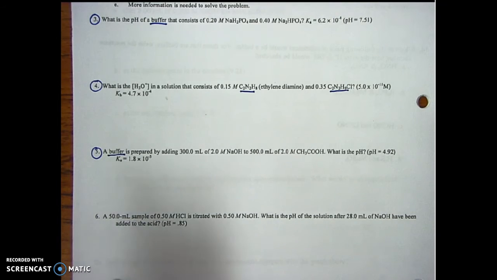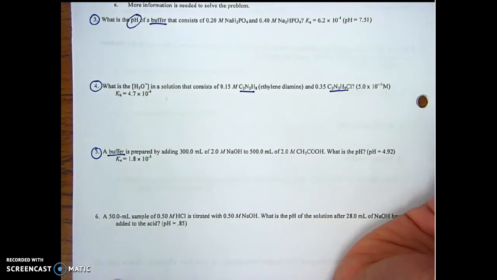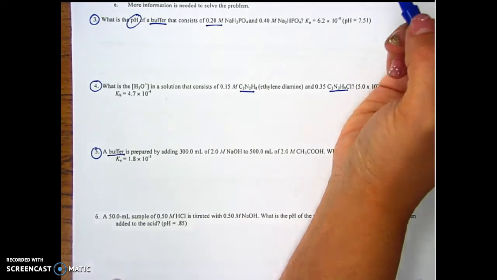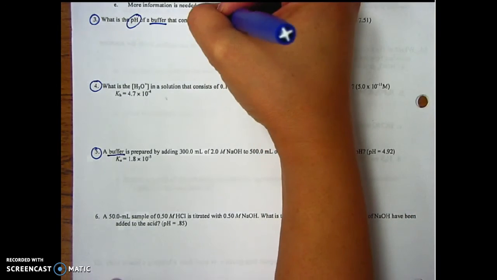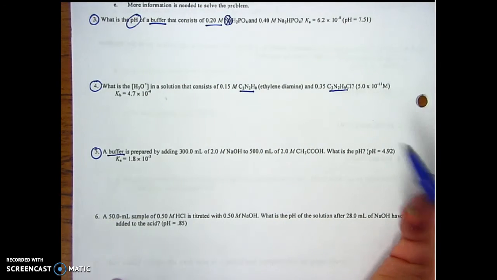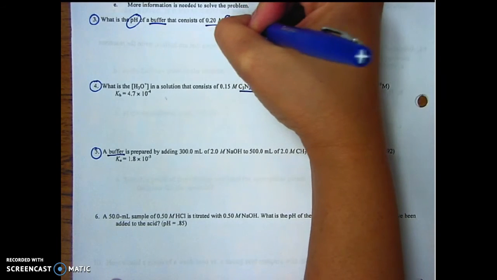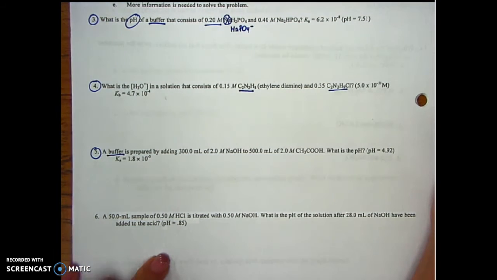So let's start off with number 3. This one's just a basic pH calculation of a buffer, and you're told that you have 0.20 molarity of NaH2PO4, and the sodium ion I could just ignore, and this is going to make this H2PO4 with the -1 charge because the sodium had a +1 charge.